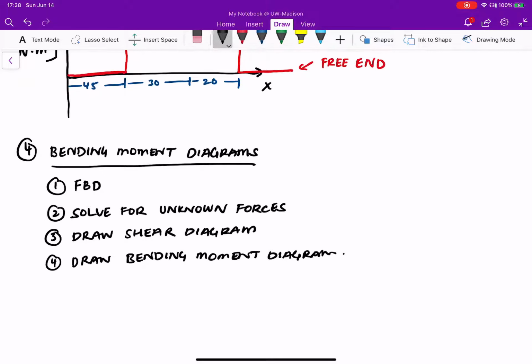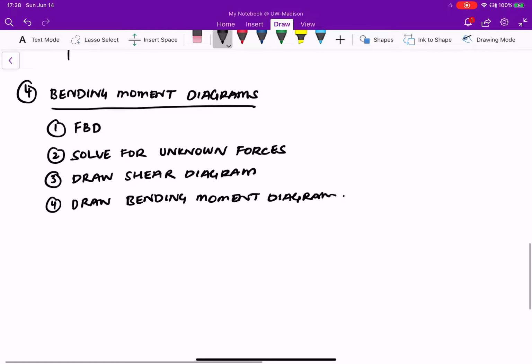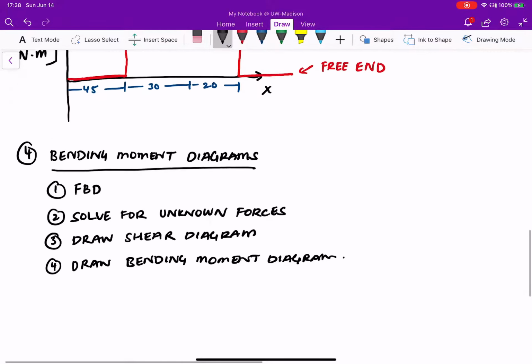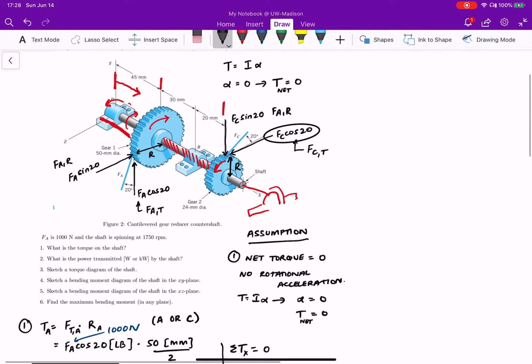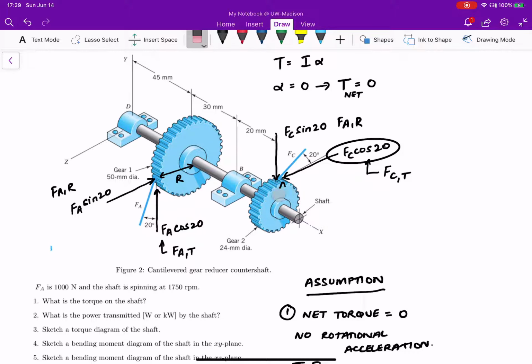All right. So let's look at the free body diagrams. First I'll solve it in the XY plane, right? So I'm going to erase what I don't need here. Okay.